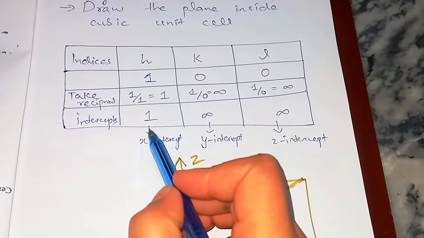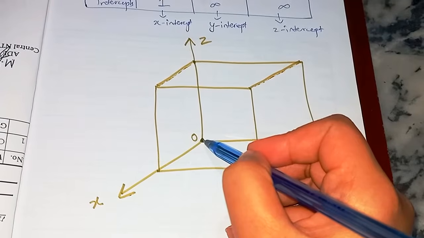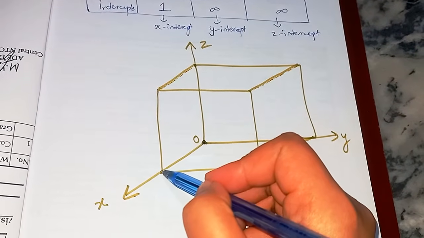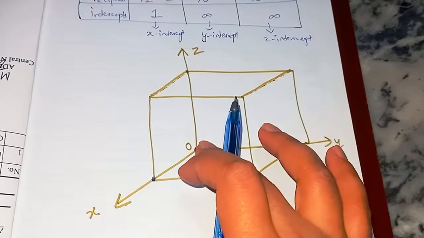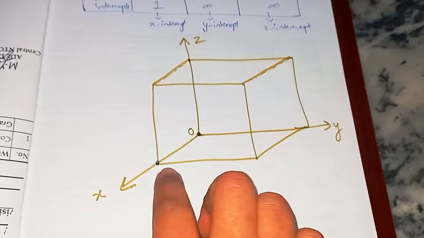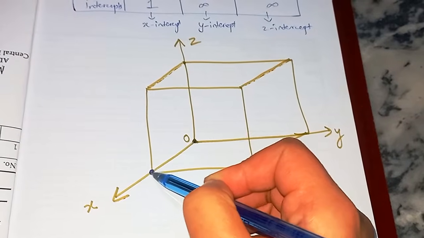We have the x-intercept, which is 1. So starting from the origin, we'll move 1 unit along the x direction to the other corner of the unit cell. Moving from one corner to the other corner along the x direction is actually 1 unit. So this is one of the points on the plane.